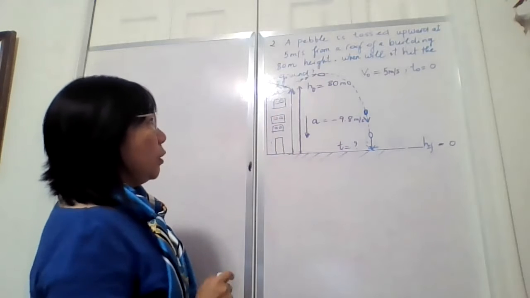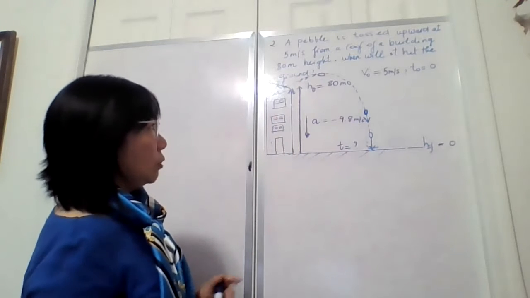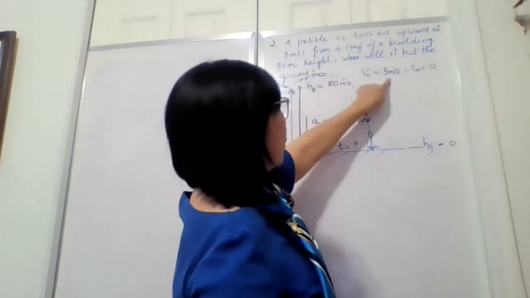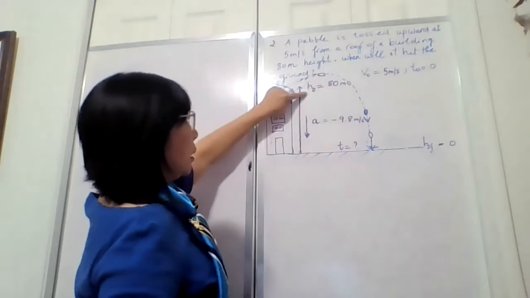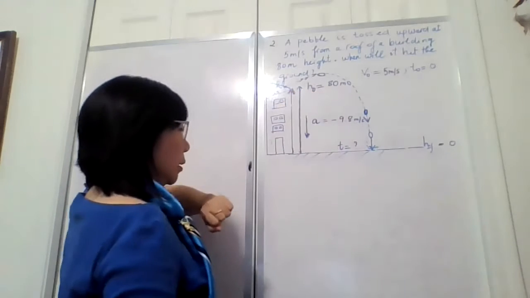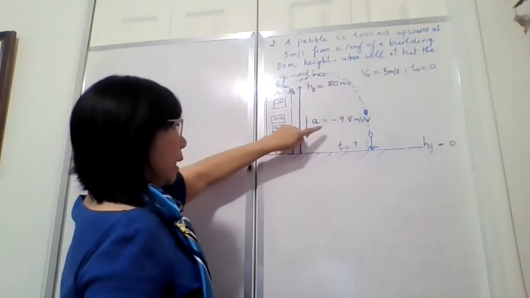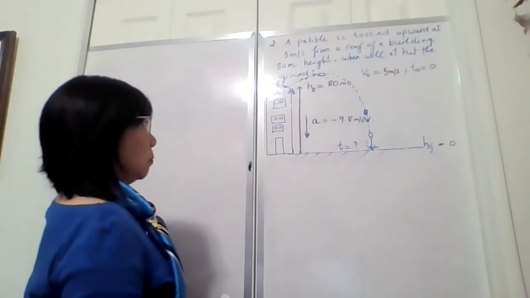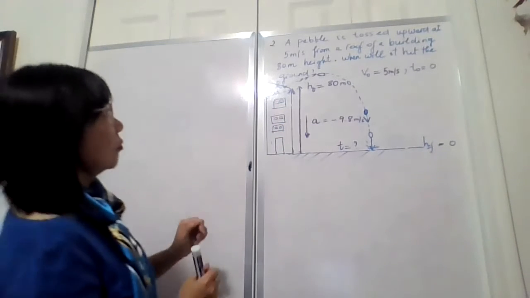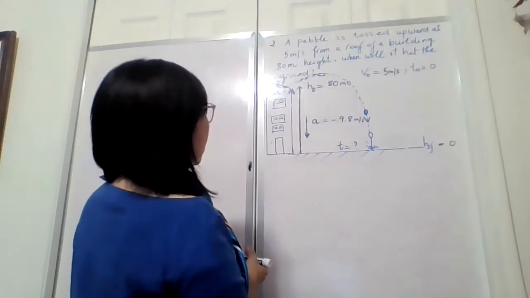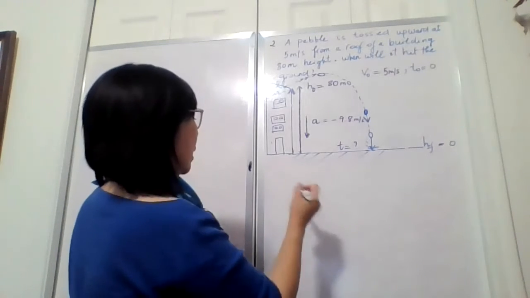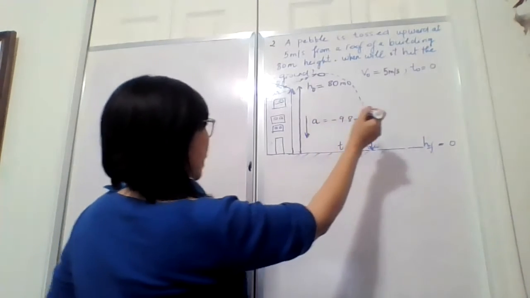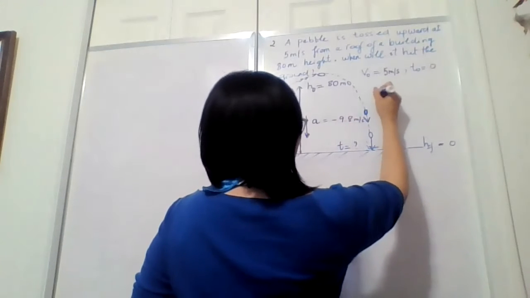Now, what else do we notice? We have V0 equal to 5 meters per second, H0 equal to 80 meters, and acceleration equal to minus 9.8. Let's write down the acceleration. This value is always there.